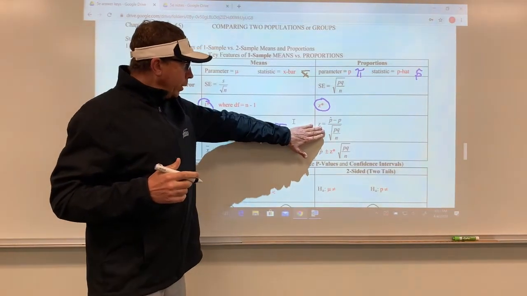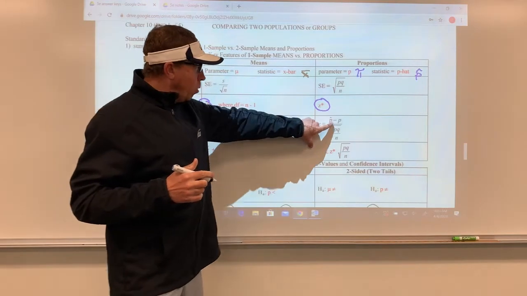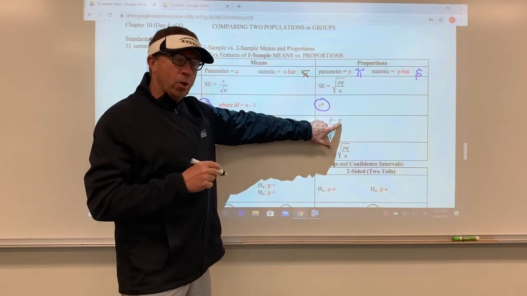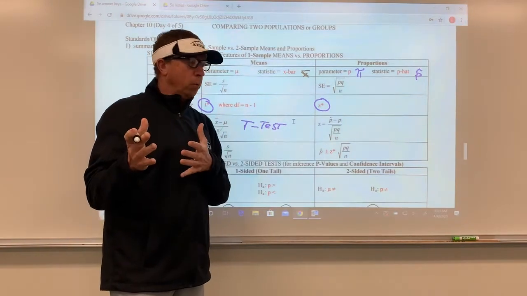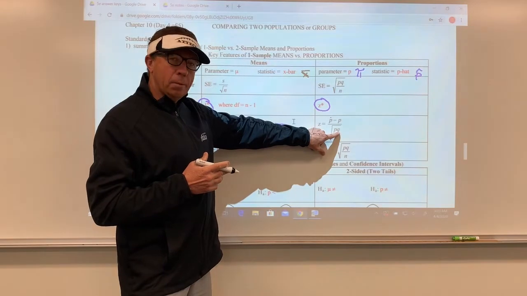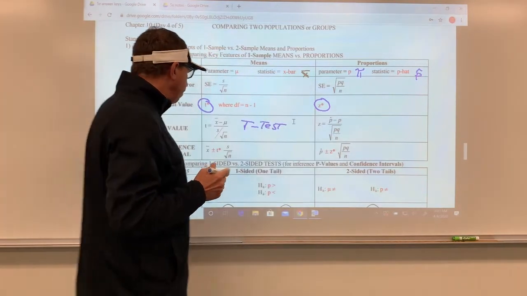For the proportion, it's going to be a z. It's going to be your statistic, which is p hat, minus the center of that curve, which is the reference proportion, whatever that is being compared to, over the square root of p, 1 minus p, often called q, over n.